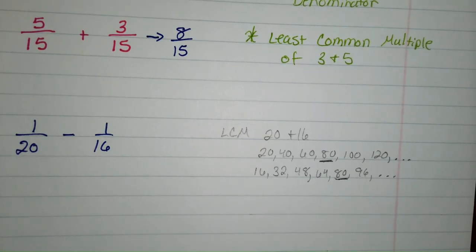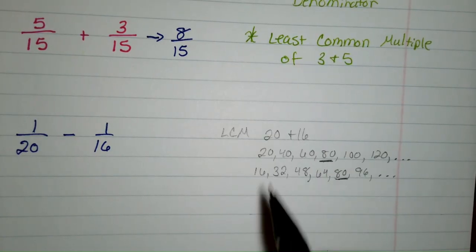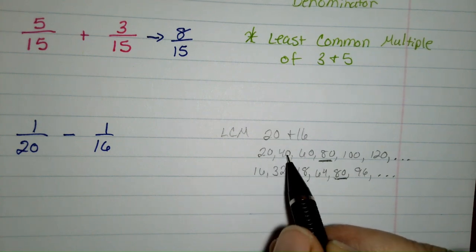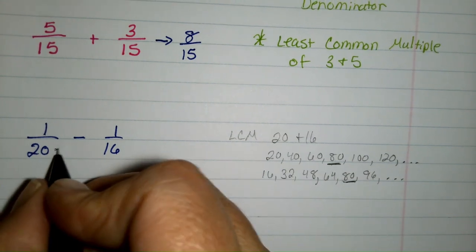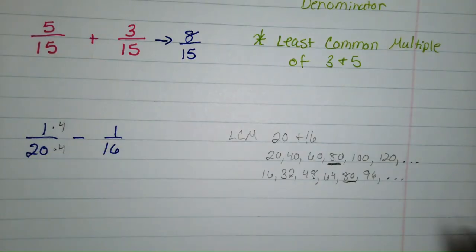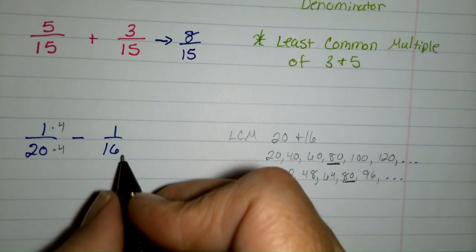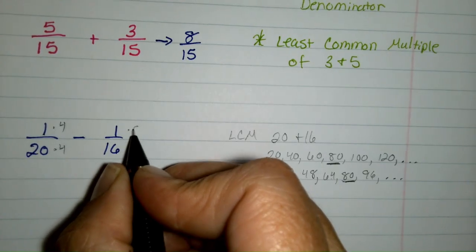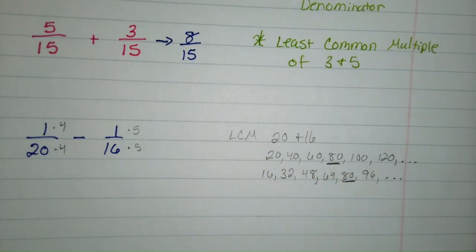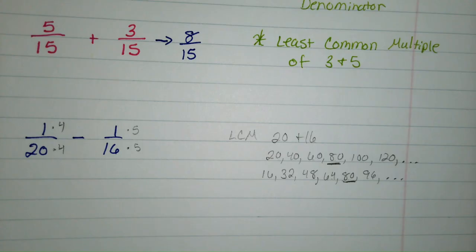Hey, 80 was on the list. That would be the 4th multiple of 20, so I'm going to multiply by 4. And 80 was on this list too, as the 5th multiple of 16. Okay, that's great when we have numbers. I don't want to do it that way because we're not going to have numbers. We're going to have variables.